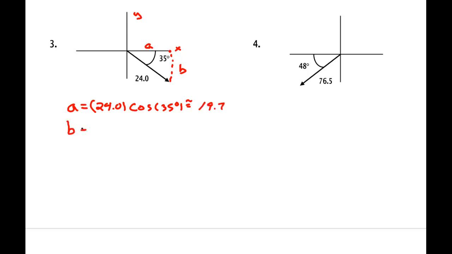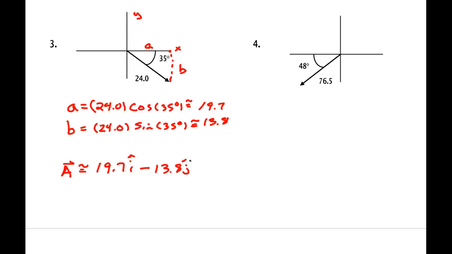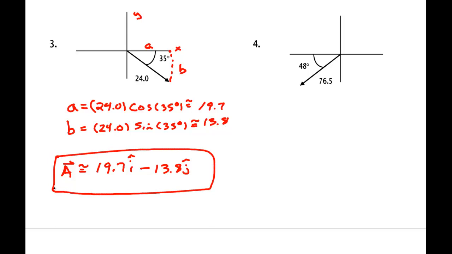For B, 24.0 for the hypotenuse. We're looking for the opposite side, so we use the sine. And that gives us 13.8. So A is approximately, we're going in the positive x, so we get a positive 19.7 i hat, but we're going in the negative y, so we get a minus 13.8 j hat. That takes care of problem number 3.